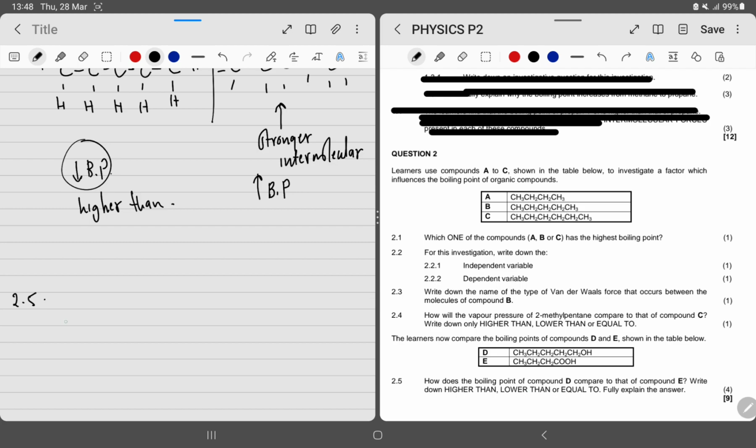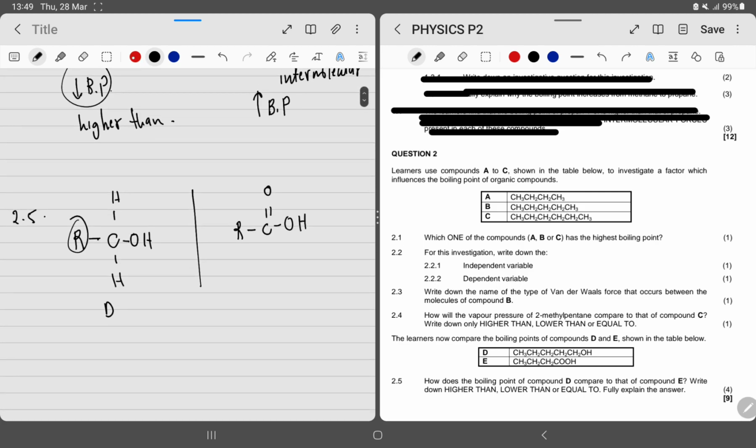Okay. So this will represent this part right here. We have an alcohol, which is our D, and then we also have a carboxylic acid. So what happens here is that this pi bond can shift and then transfer the electrons to the oxygen.